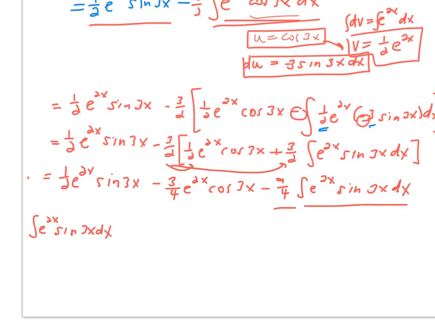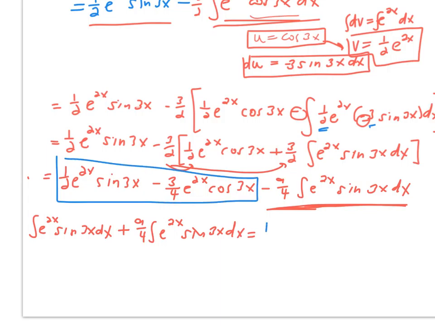And on this side, we have negative 9/4. So what we're actually going to do is bring this to the other side of the equal sign by adding it to our original equation. So we're going to say plus 9/4 times the antiderivative of e to the 2x sine 3x dx. And that's going to be equal to these two terms.